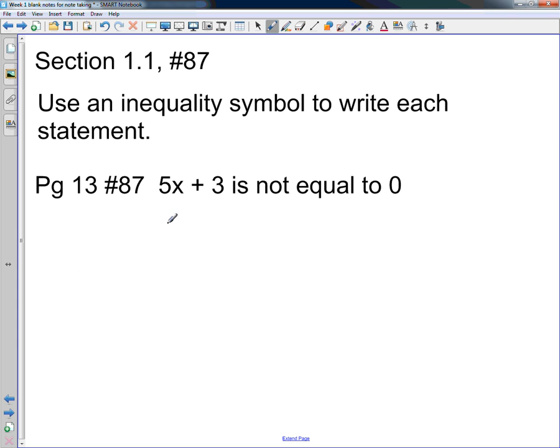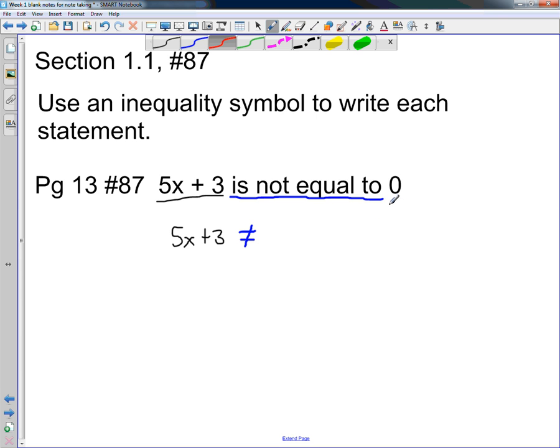So this one is saying 5x plus 3 is not equal to 0. Is not equal to is an equal sign with a line through it. So this is actually considered writing this using an inequality symbol. Inequality can be the not equal to sign.